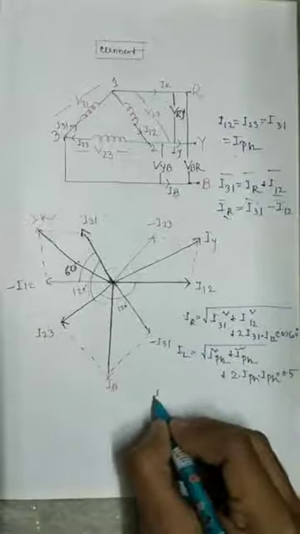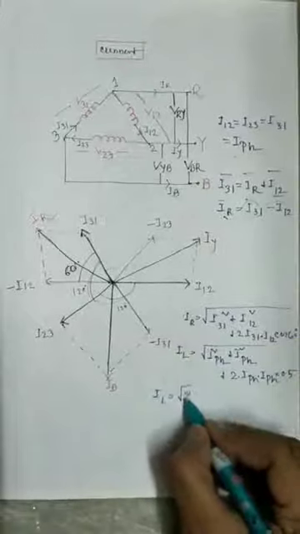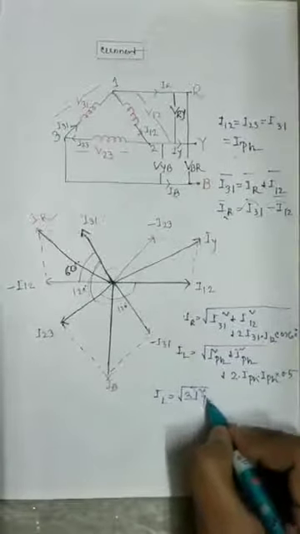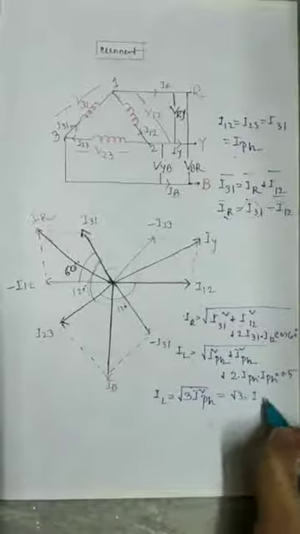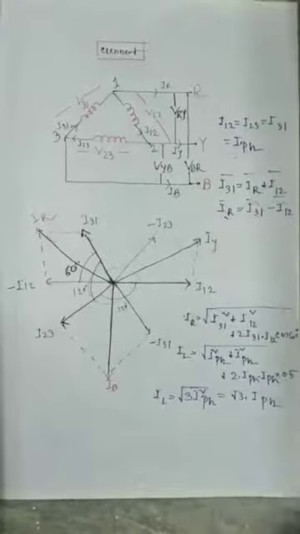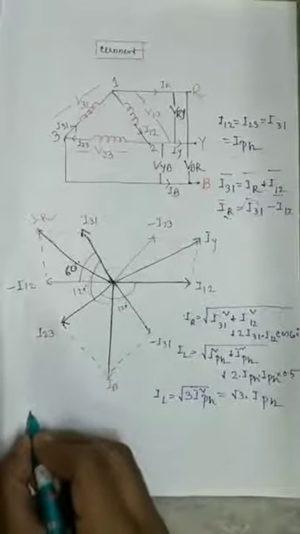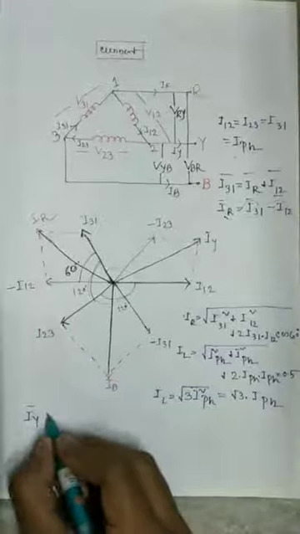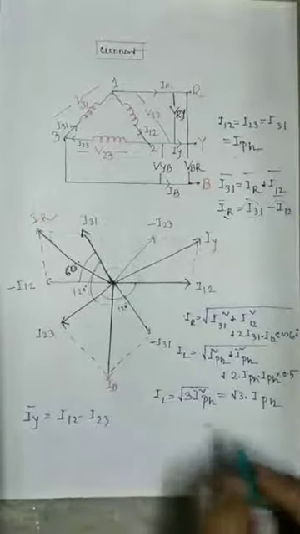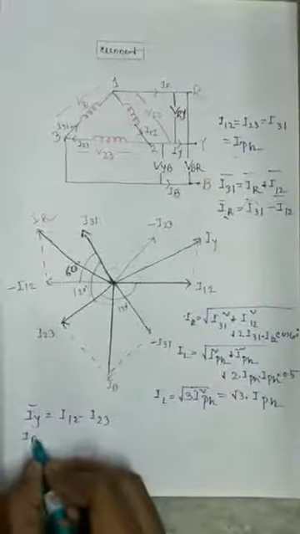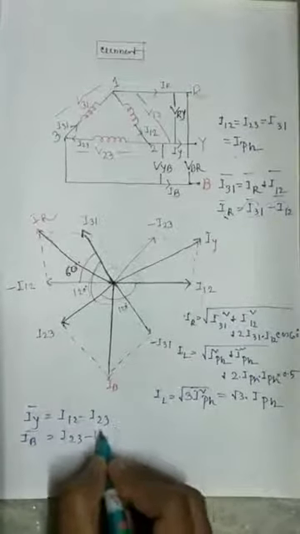And IL equals root over 3 I square phase, which is root 3 I phase. Similarly, we can write IY equals I12 minus I23, and IB equals I23 minus I31.